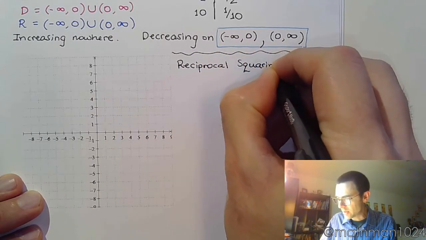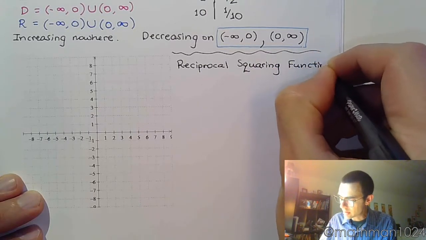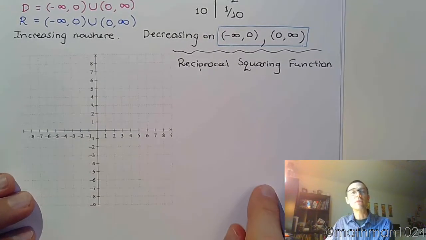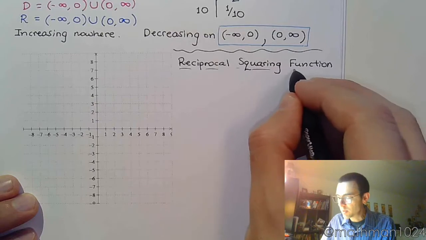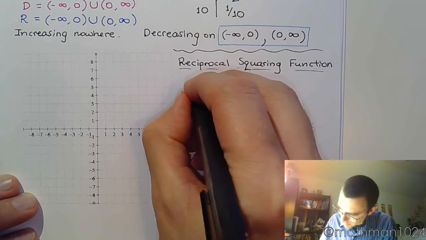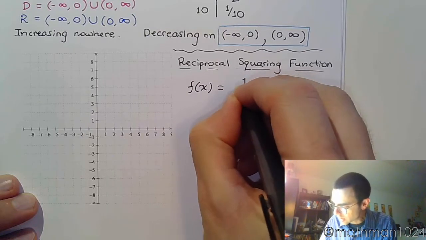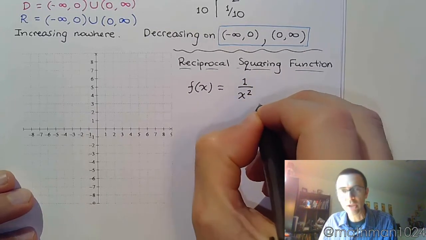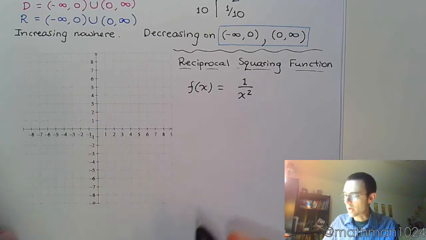And so once we have this shape, it's just going to be a matter of taking all of the graphing techniques that we've talked about this semester and applying it to these shapes and just moving them around. Your reciprocal squaring function looks like this. 1 over x squared. So just like the last guy would do the reciprocal, he's also going to do the reciprocal, and then he's going to square that result.